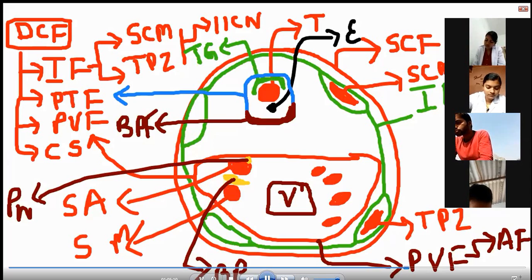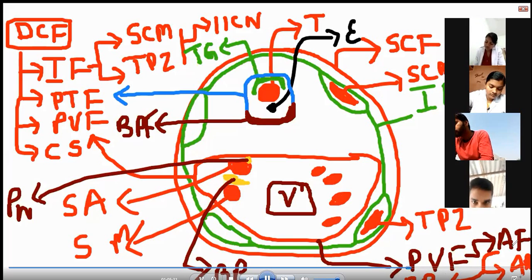And axillary fascia is covering which structures? Very important. It is covering your axillary artery. It is covering your brachial plexus. But this axillary fascia or axillary sheath is not covering your axillary vein.